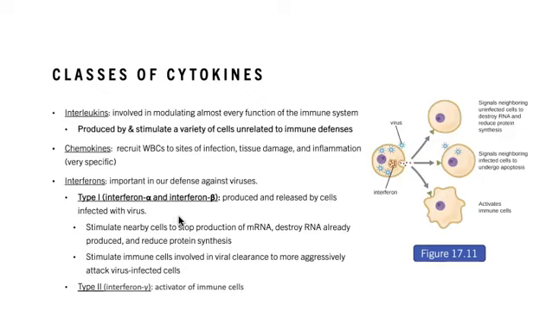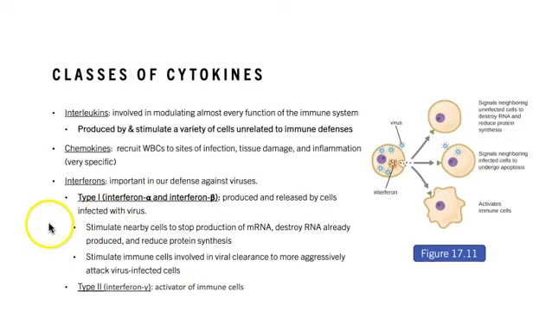So they can stimulate those nearby neighboring cells to stop production of mRNA, destroy RNA that's already produced, and reduce protein synthesis that probably has viral information within it, and stimulate immune cells involved in viral clearance to more aggressively attack our cells that have the virus within it already.